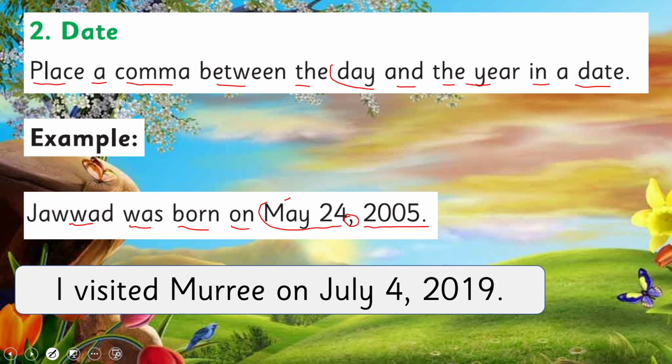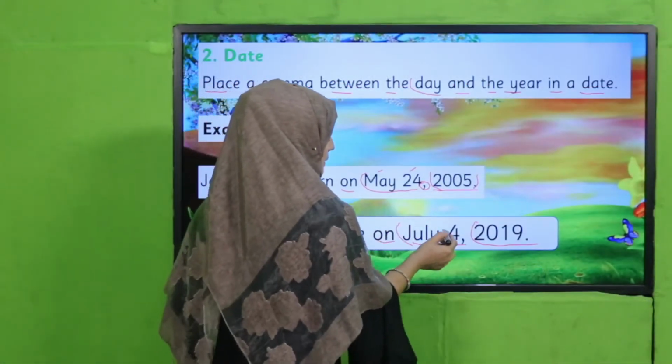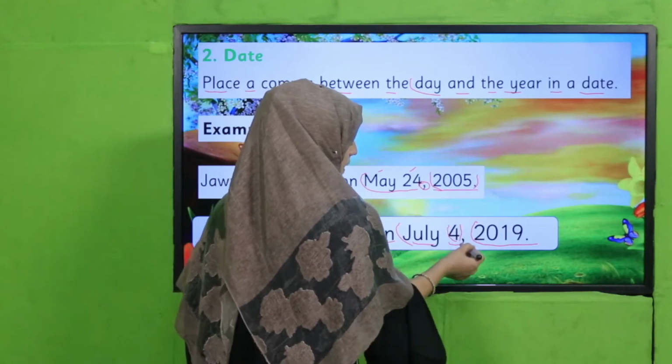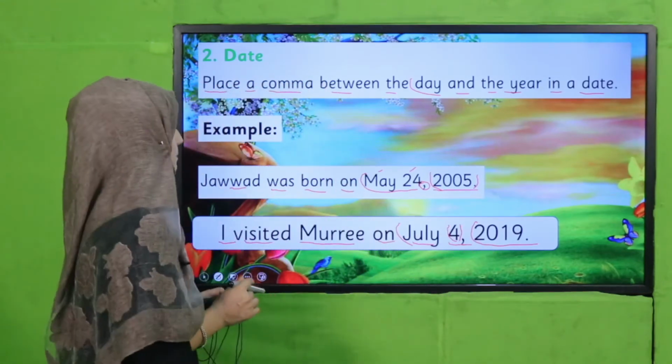This is our month, this is our date, and this is the year. Then we have to put comma before year. In the next example, my dear students, I visited Murree on July 4, 2019. There also you can check that there is month, date, and there is comma. Before year we have to put comma.